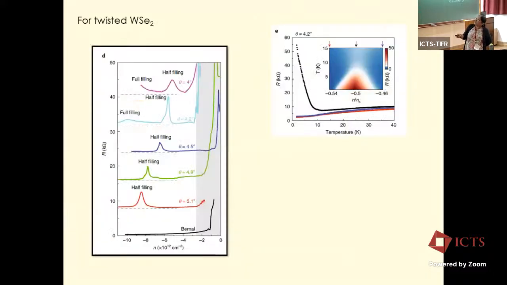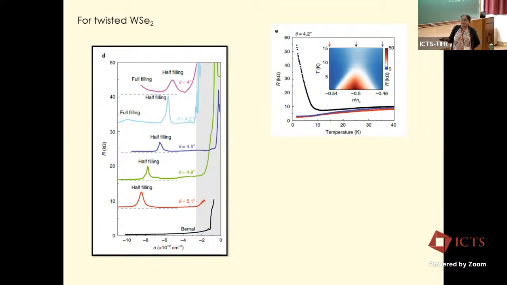This is not only for the twist angle that I showed you, but for various twist angles, ranging from 4 degrees all the way to 5.1 degrees. These were the experimental limitations of the range they could probe, but theoretically we could go to smaller angles also. And I'll show you what we think is happening.